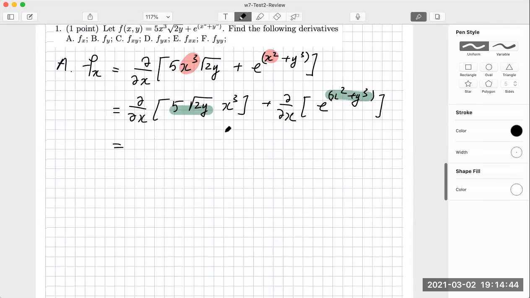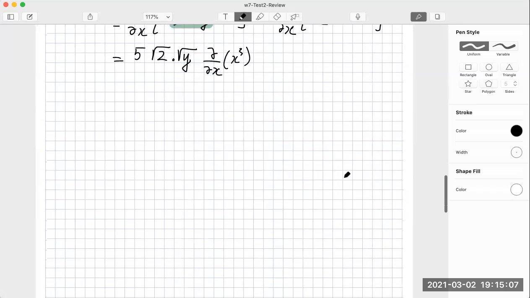Therefore it becomes 5 square root of 2. We can separate it into these forms: d over dx of x cubed. Here the chain rule tells us that the derivative of e to the u will be u prime e to the u, right?